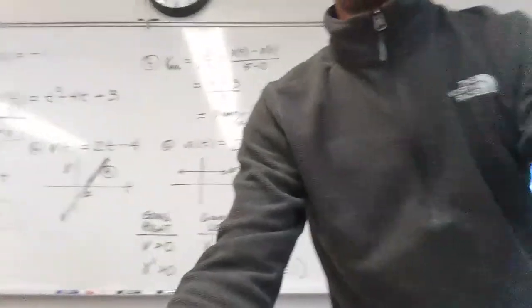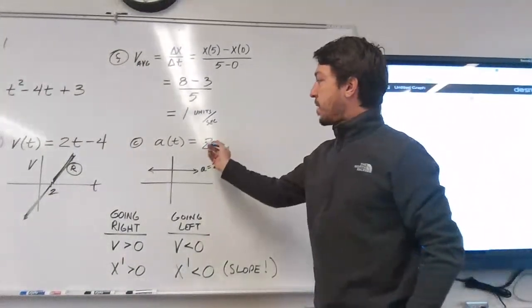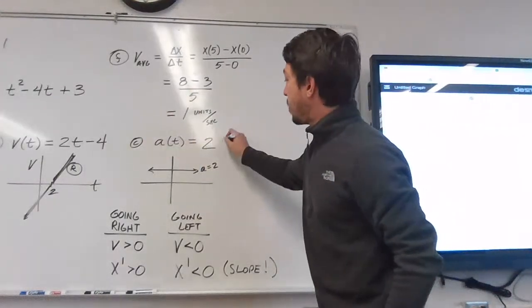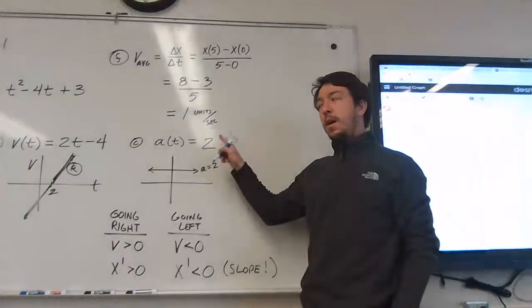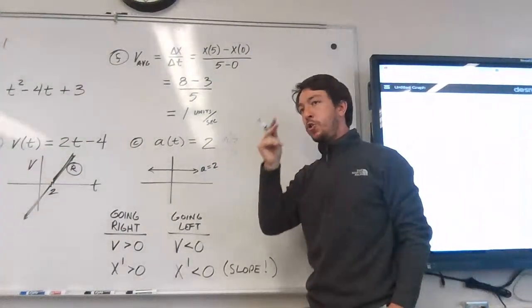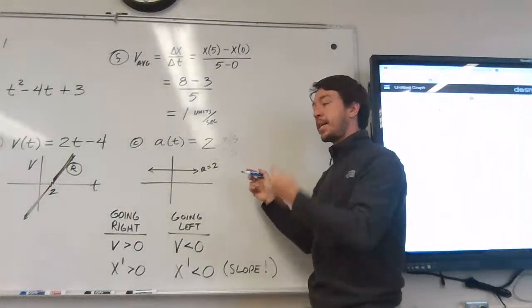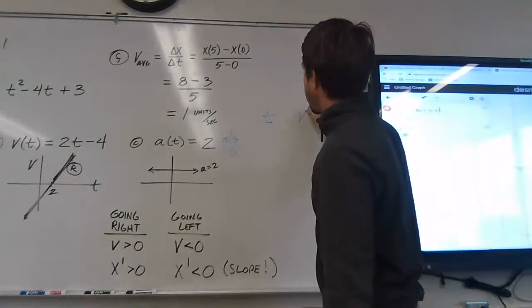Okay, the question is, if acceleration is constant, why is it going faster? Well, what this means is, suppose it was meters per second per second. The way you interpret this number is, I'm accelerating at 2 meters per second of velocity gain per second. So if I was looking at, let's say, here's time, here's velocity.